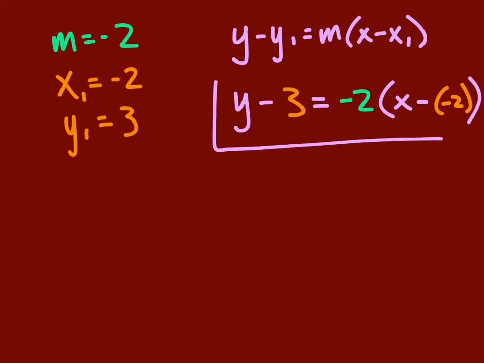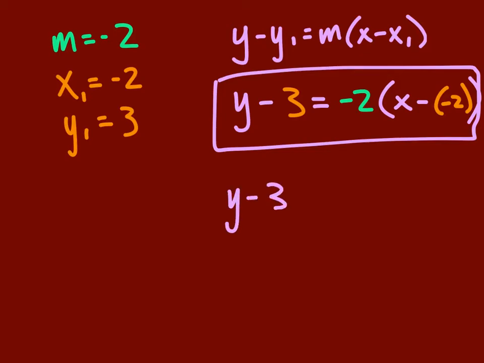You could leave this as your answer to this equation. Some people just do that, and that's fine. However, you can go through and evaluate it and write it as y minus 3 is equal to -2 times x plus 2. All right, so that's the first thing that you could do to simplify this.